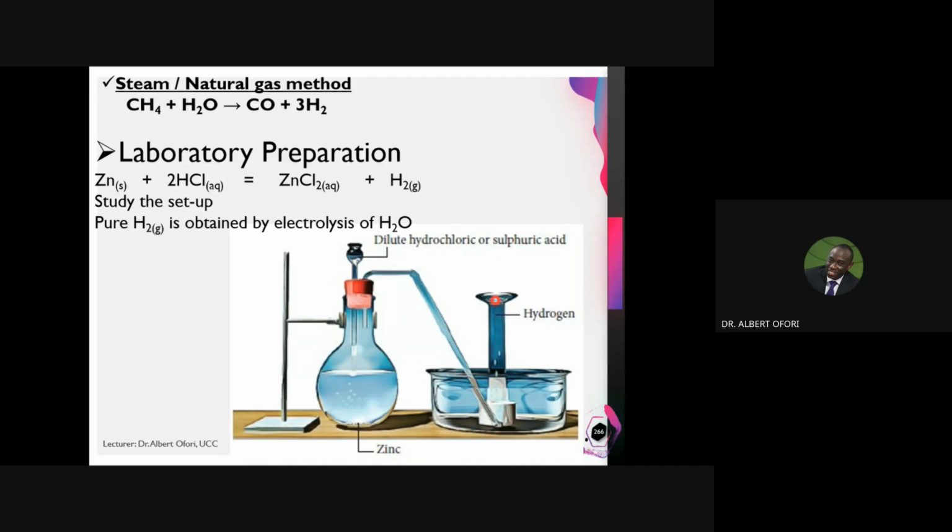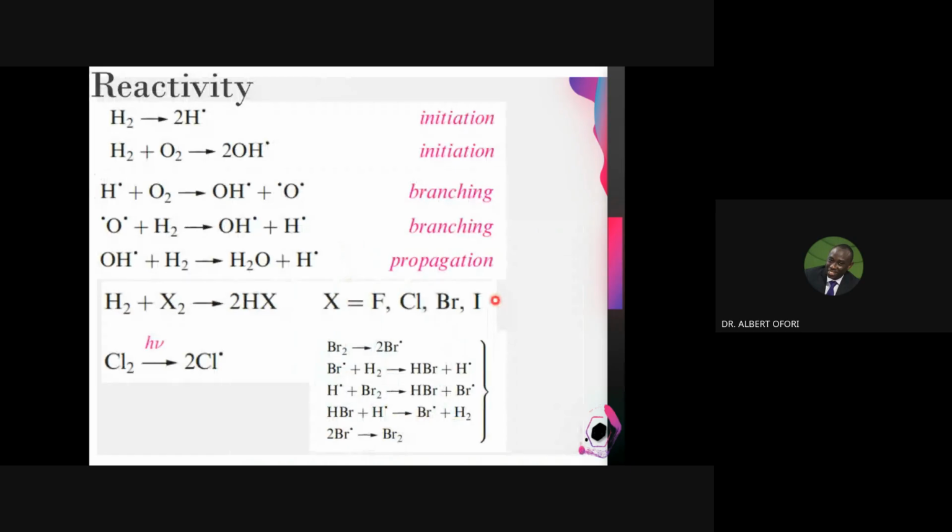Now in terms of reactions, hydrogen can engage itself in other reactions, like say polymerization reactions where we form polymers. So for example, hydrogen gas can break down to form radicals.